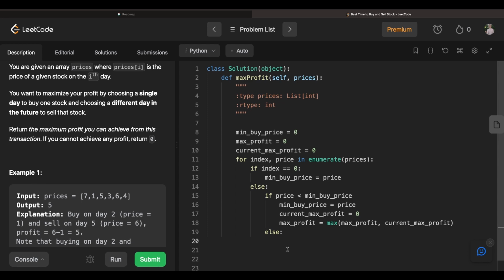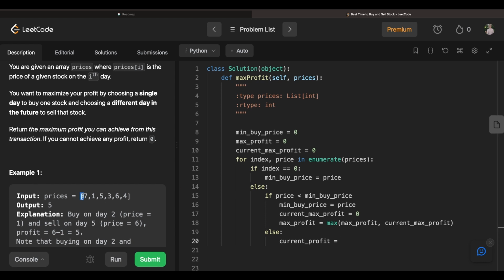We want to calculate the current profit, which is going to be the sell price, so it's going to be the... all right, let me think about this again.